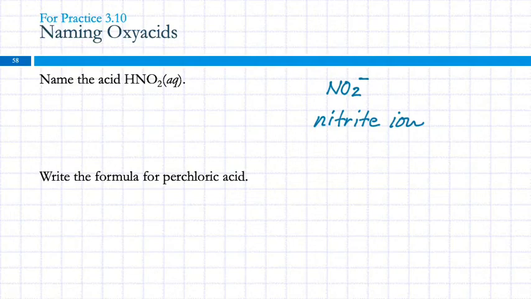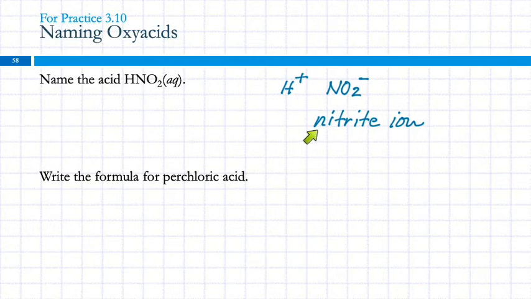Okay? So the charge on this ion is going to tell me how many hydrogens I need, because it's that ion and hydrogen ion. So a -1 and a +1, I just need to write them together. That's where I get the HNO2.